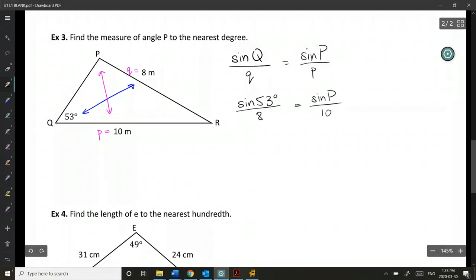Okay, so the nice thing about putting the angles at the top is that it makes the isolating process much quicker. So we'll just multiply up to 10. And then we'll have sine of p equals, and then you can calculate in your calculator. So 10 sine 53 divided by 8. And then you're actually going to sine inverse that answer.